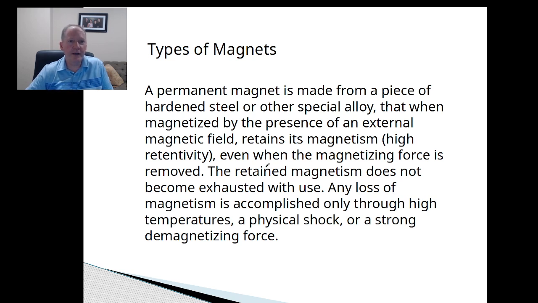So if you had an iron or hardened steel screwdriver with a high percentage of iron, and you magnetized it briefly just by touching another magnet, it'd retain that for some time. Now, you can lose magnetism through really high temperatures, physical shock, or any other strong demagnetizing force. This demagnetizing force is known as a degauss.